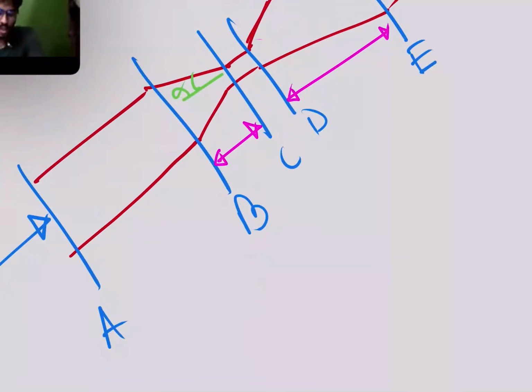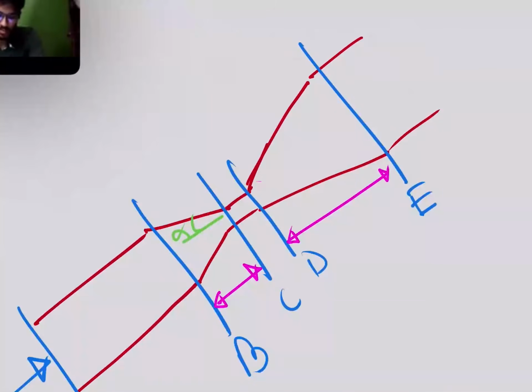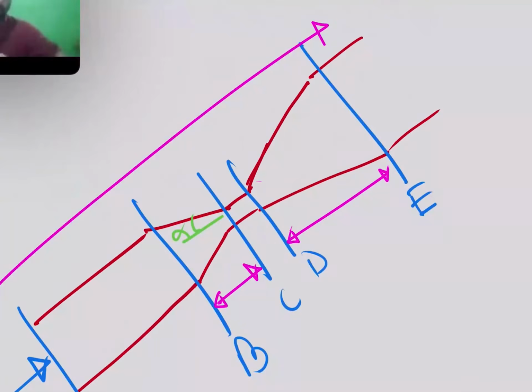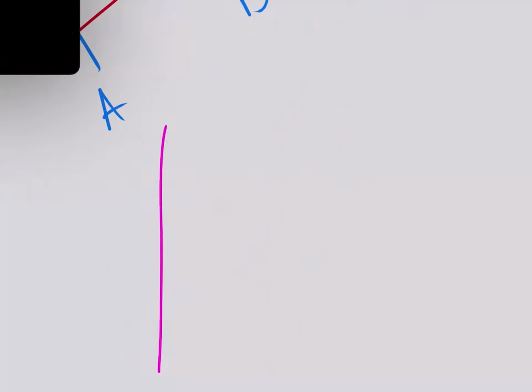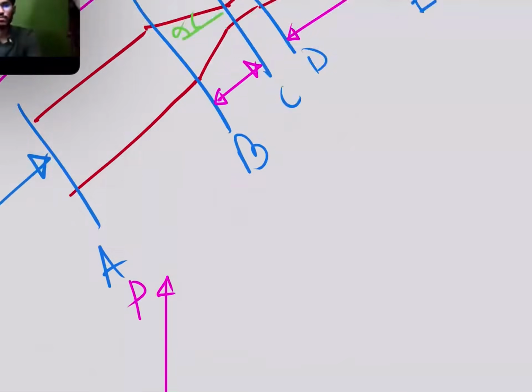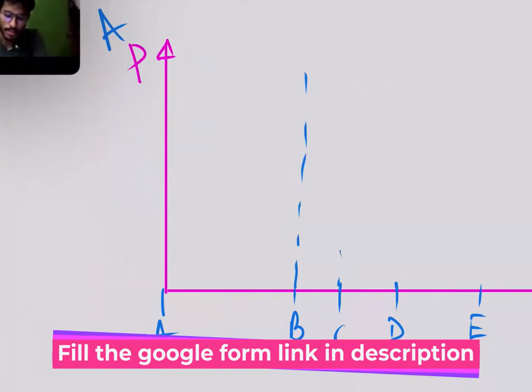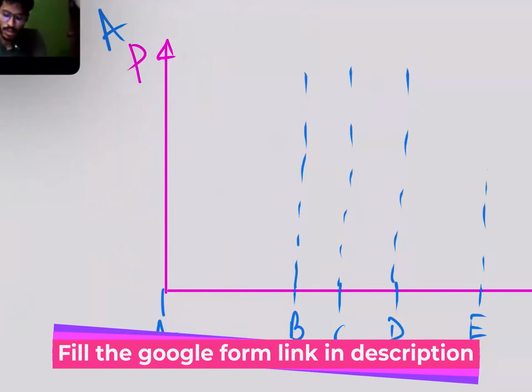Okay, so now Abu, what you have to draw is the pressure variation across this direction. If this is my x direction, you draw this P versus X. You have to draw it like this: first you show A, then B, then C, then D, then E. Likewise, you draw some lines here and you have to draw the variation.